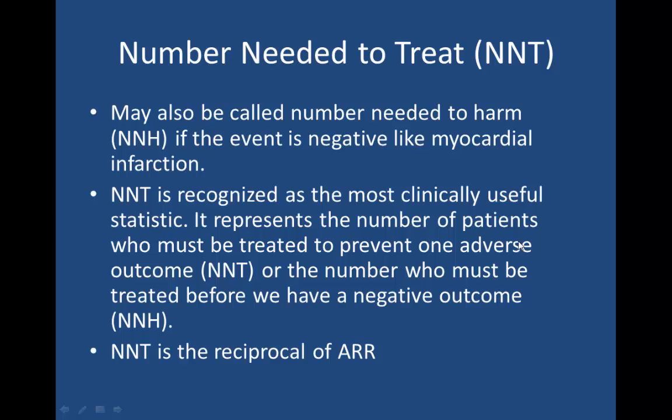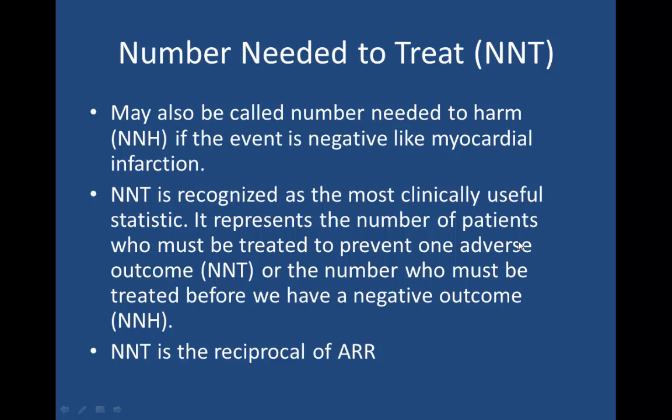So if the event is negative, like how many people had to have this exposure to have a myocardial infarction or a heart attack compared to those who didn't. Number needed to treat is recognized as the most clinically useful statistic. It represents the number of patients who must be treated to prevent one adverse outcome. That's number needed to treat. Or the number who must be treated before we have a negative outcome, number needed to harm.